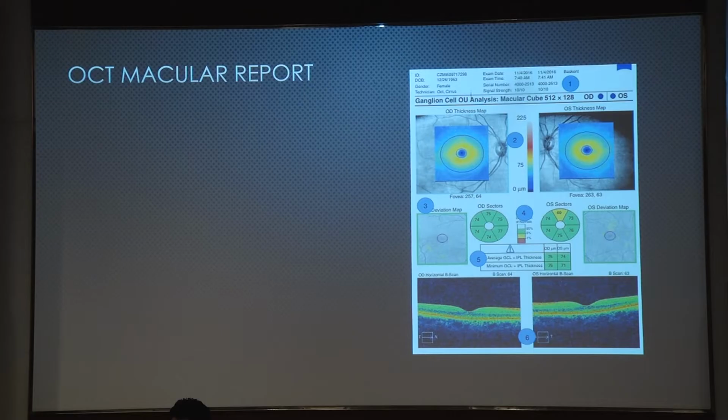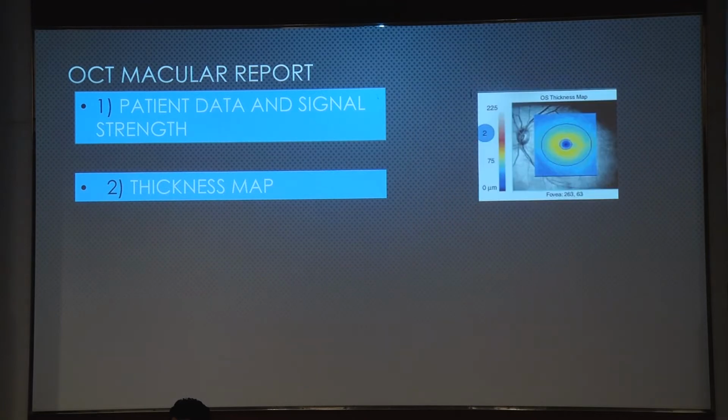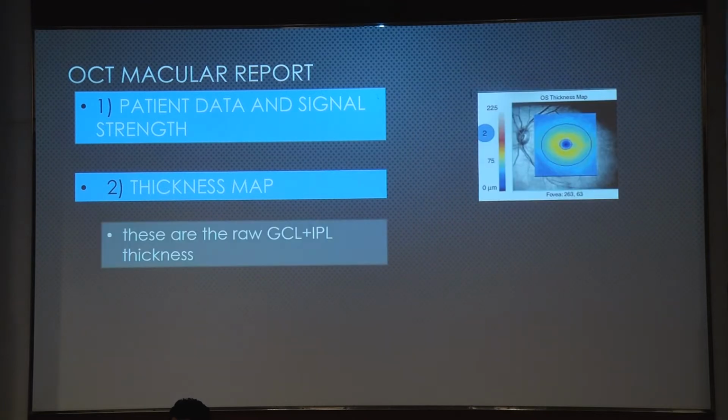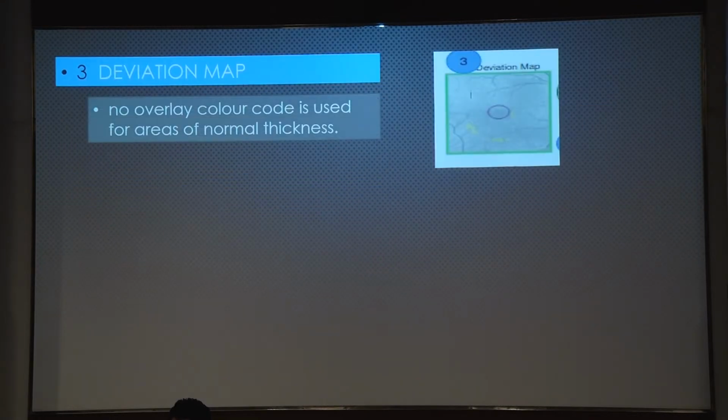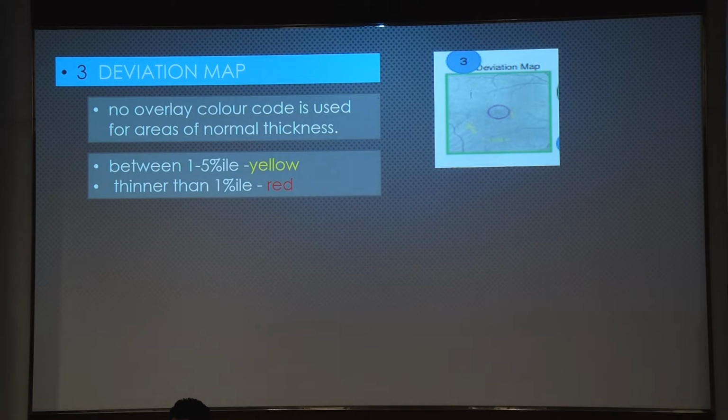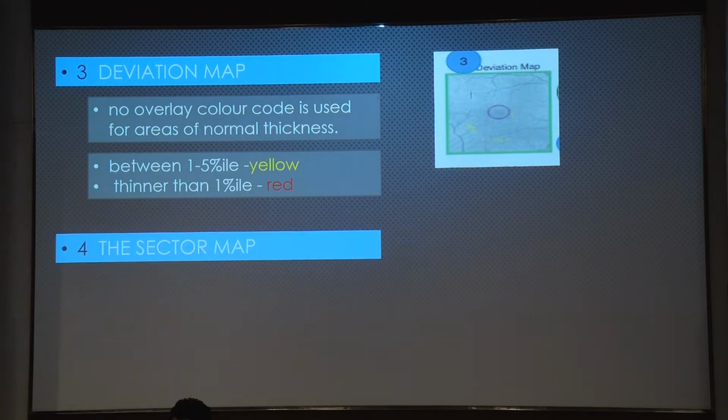Coming to the OCT macular reports, the thickness map again shows the actual thickness of the ganglion cell layer and the inner plexiform layer. The deviation map again has no color overlay, and any thickness which is less than 5% is shown in yellow, and anything less than 1% is shown in red.